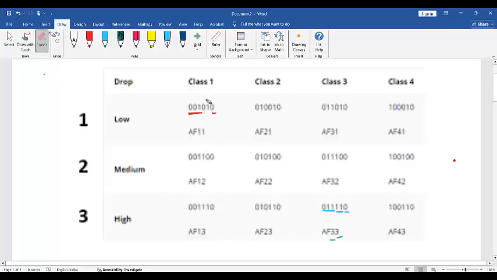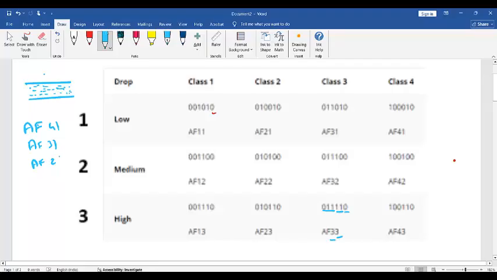Next is when there is a congestion. When there is a lot of data going and there is a congestion. There is some traffic with AF41, some traffic with AF31, some traffic with AF21, some traffic with AF11.